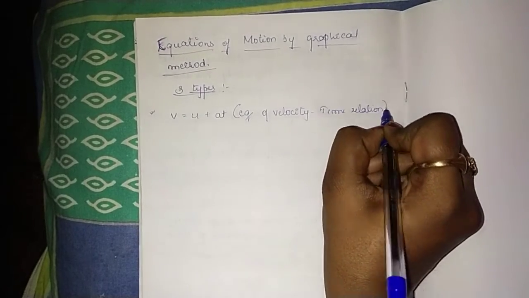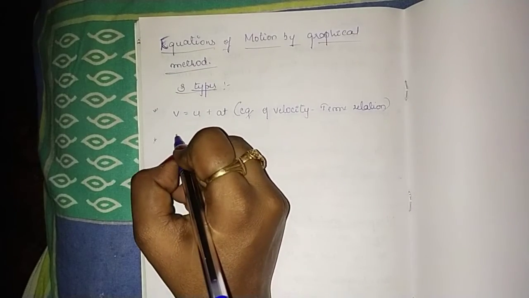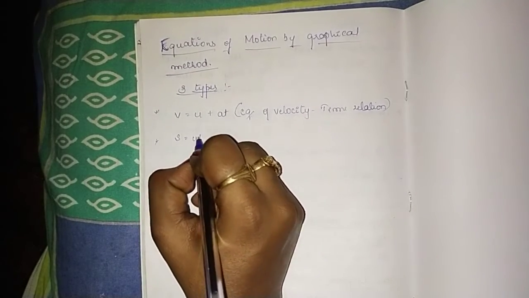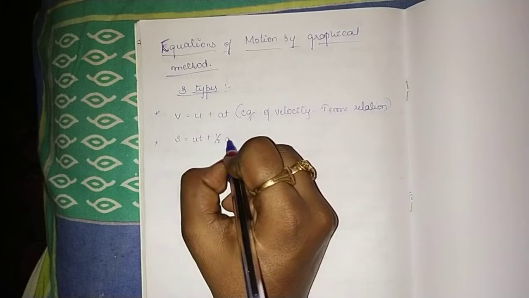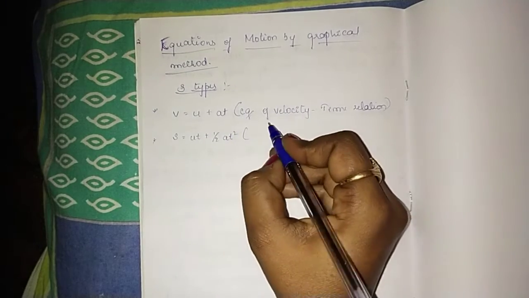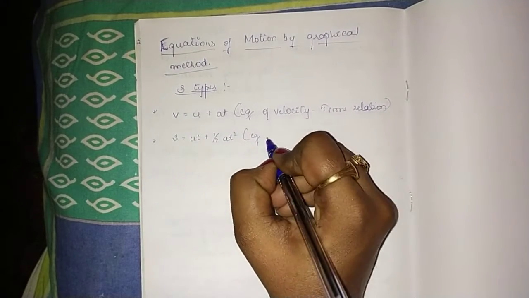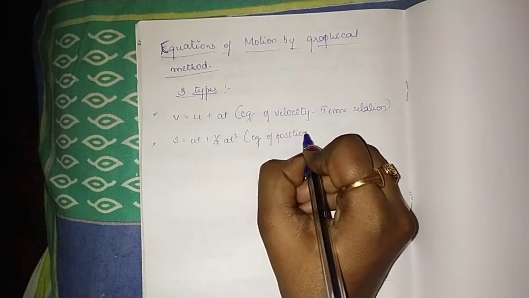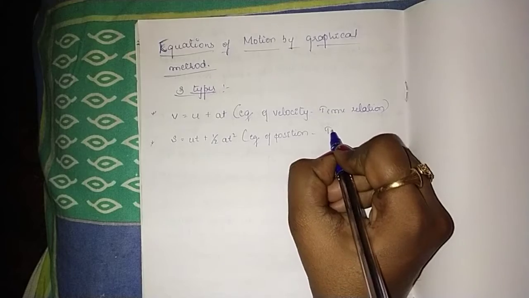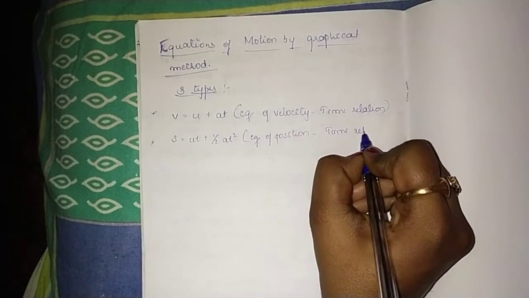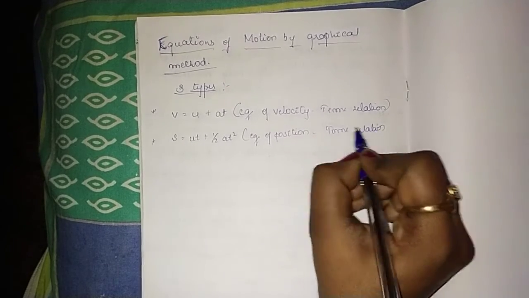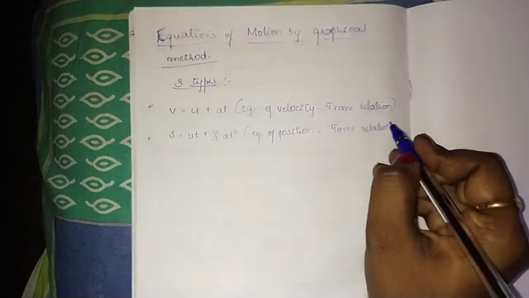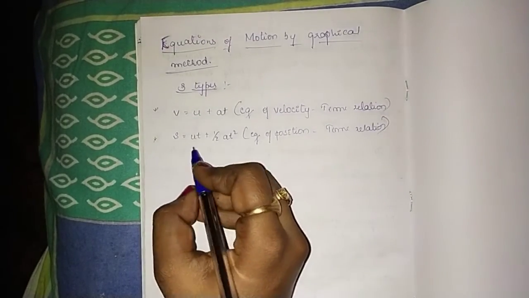Secondly we have S equals UT plus half AT square, that is the equation of position with time relation. This is the equation of velocity, whereas this is the equation of position with time relation.